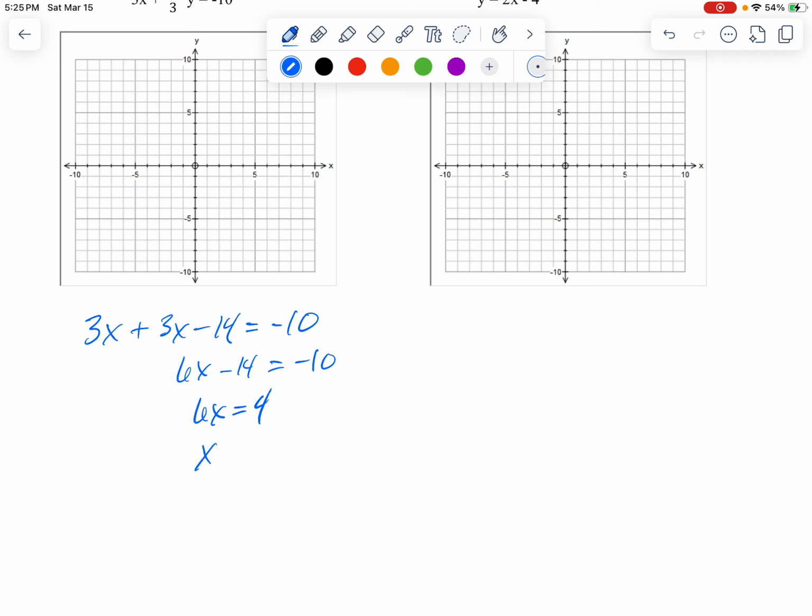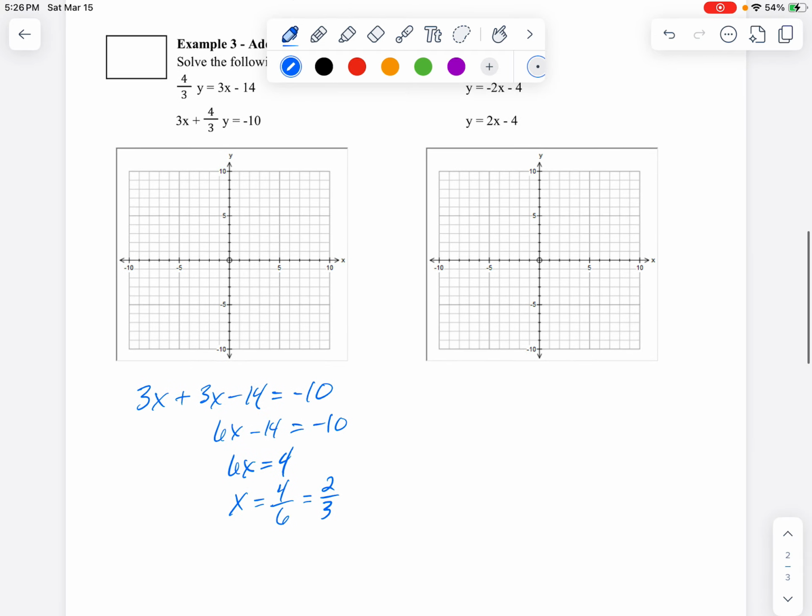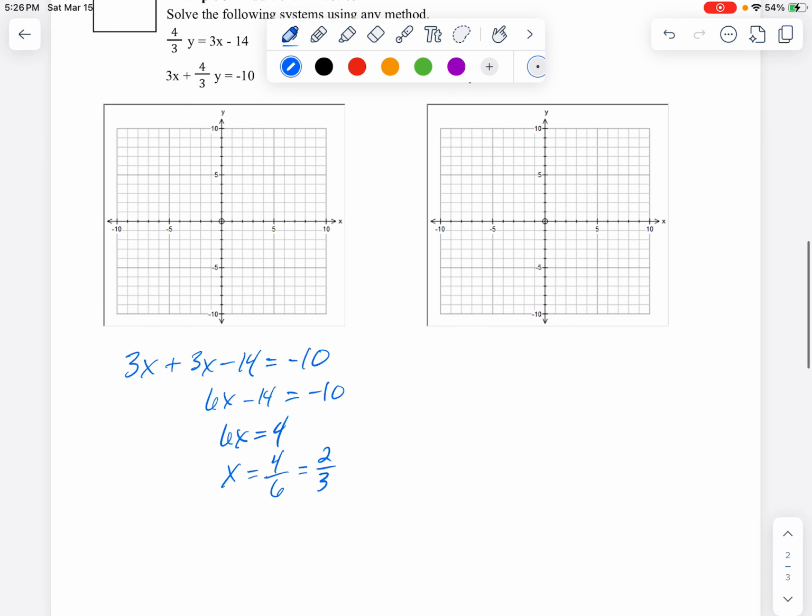Divide by 6, x equals 4 over 6, which is the same as 2 over 3. And if you punch it into a calculator, you get a decimal, it's going to be 0.6 repeating. Okay? Not the nicest answer, but it's not horrible. We can work with this. So that is our value of x, 2/3.